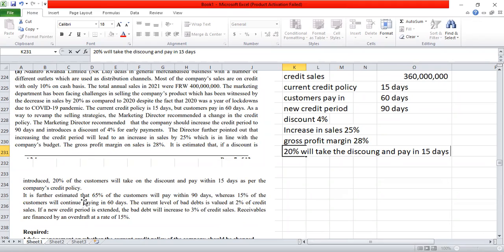It is further estimated that 65% of the customers will pay in 90 days, whereas 15% of the customers will continue paying in 60 days.